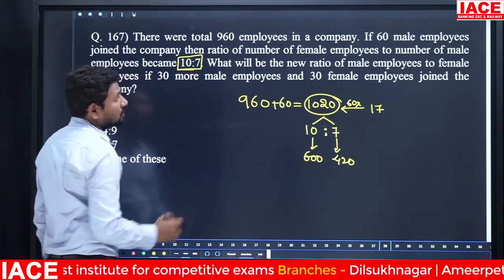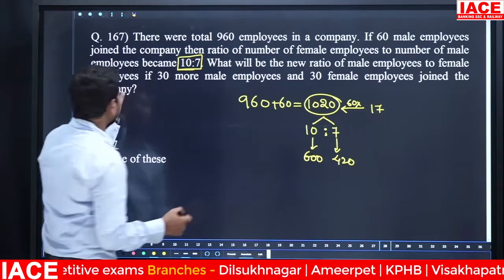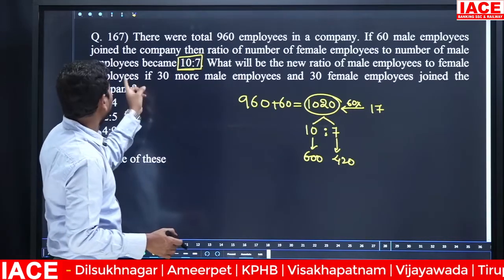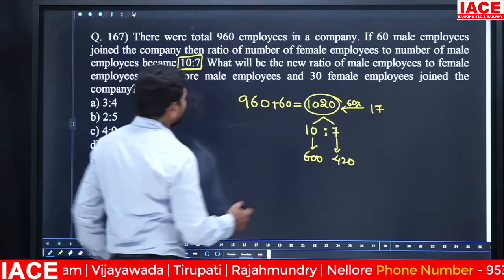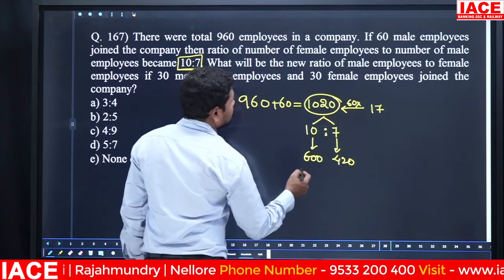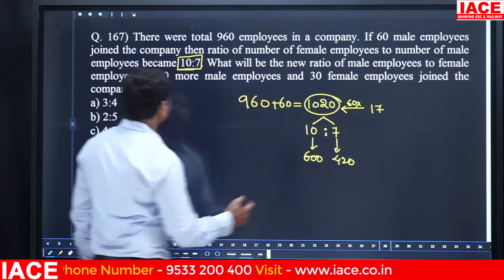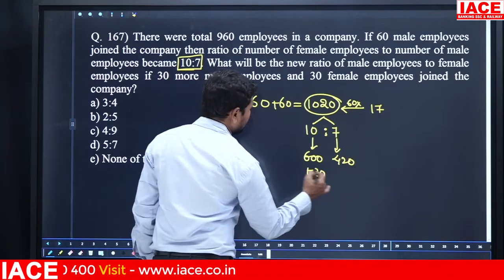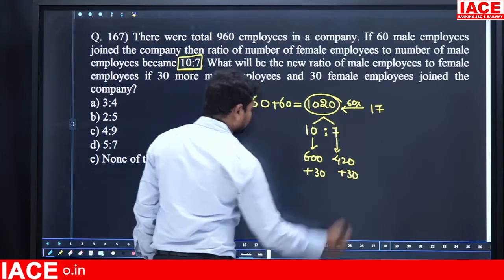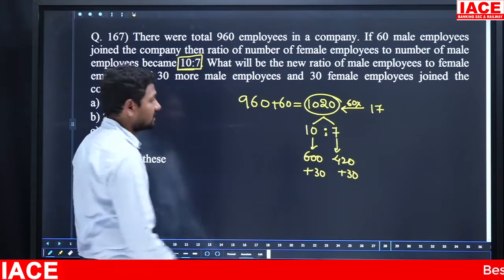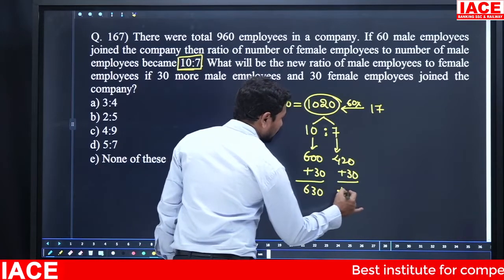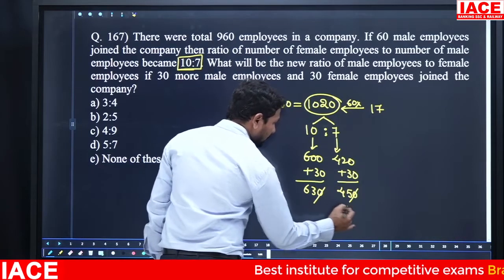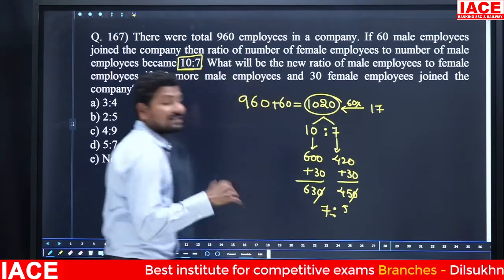What will be the new ratio of male employees to female employees? 30 more male employees and 30 female employees are joined. It is 450 and 630. It is 630 and it is 450. 0 will be cancelled, 9 5s and 9 7s. What is the ratio? 7:5.